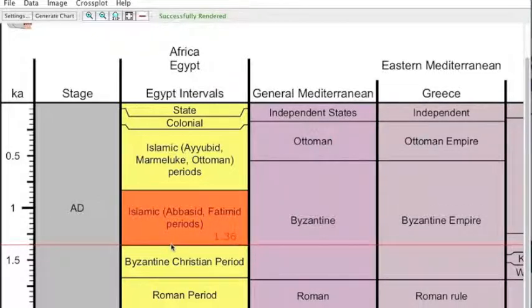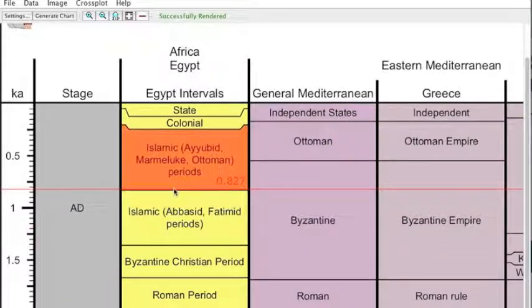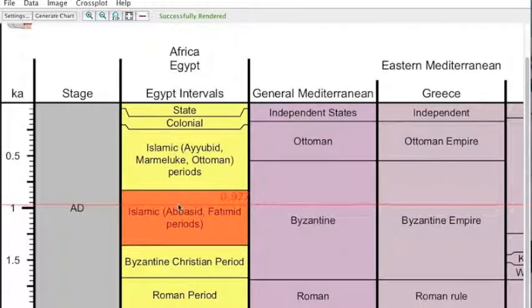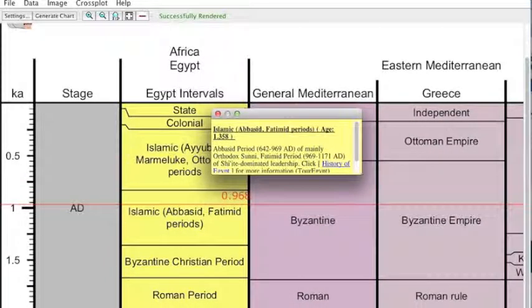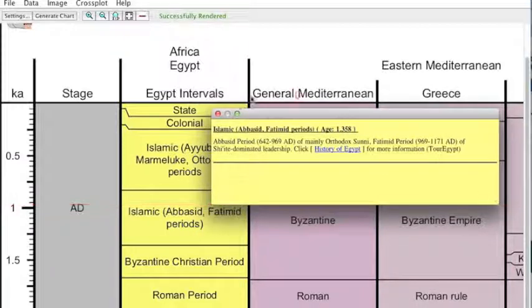It started 1360 years ago and ended at 827 years ago from now. So I click on it, it will show you the details about that period.